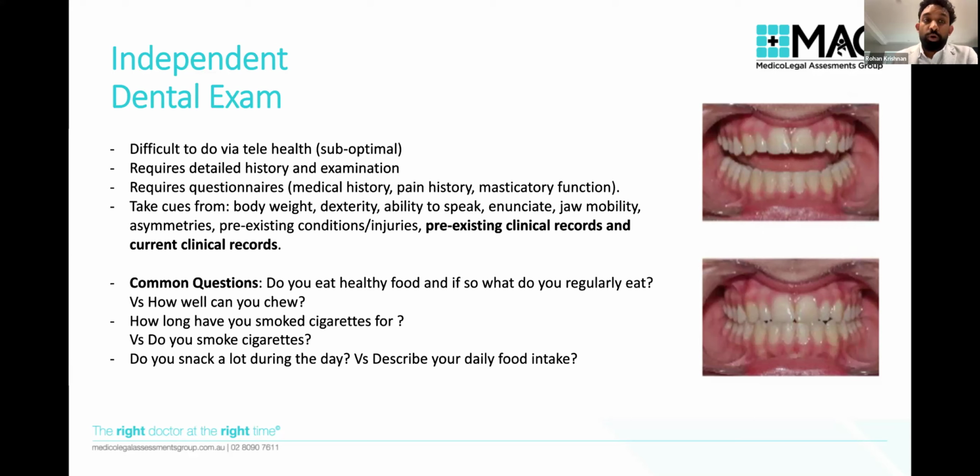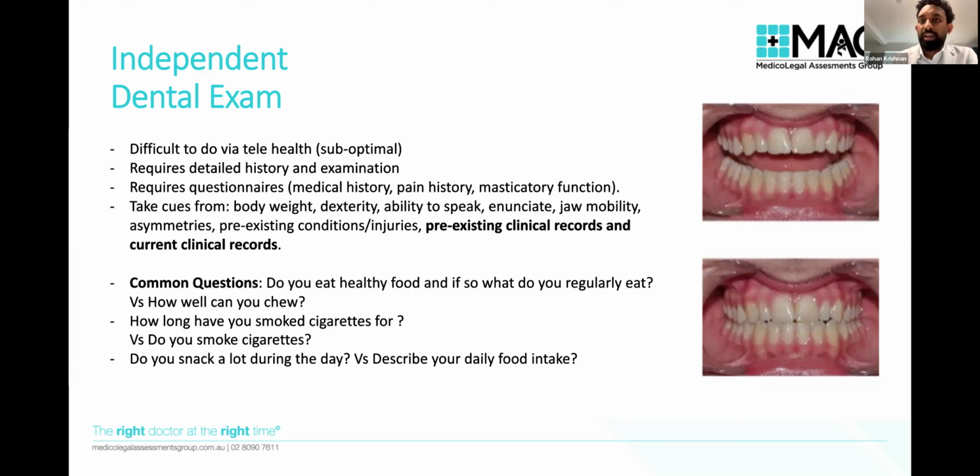So what it does require, though, is a detailed history and examination. Questionnaires. We use a very varied list of questionnaires depending on what we're looking at, and we standardize that across the base, from medical histories and pain histories through to looking at jaw function, psychological questionnaires, pain drawings.